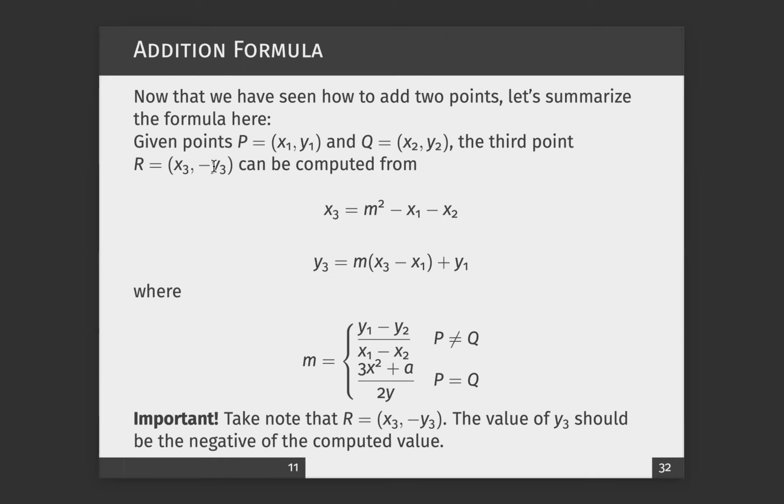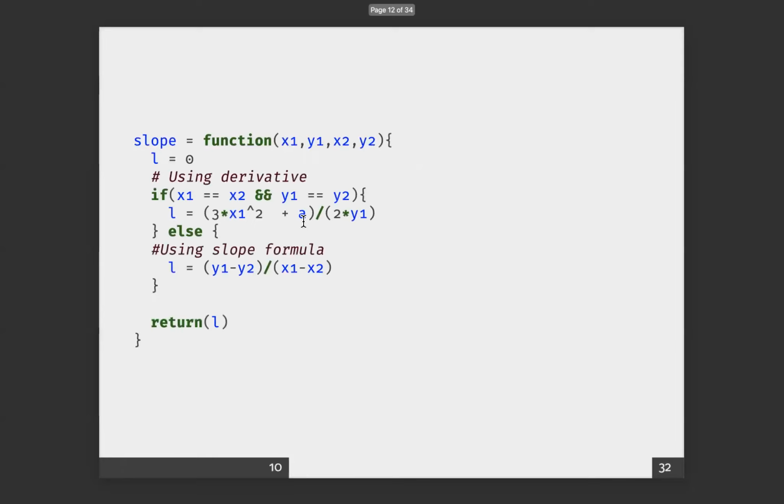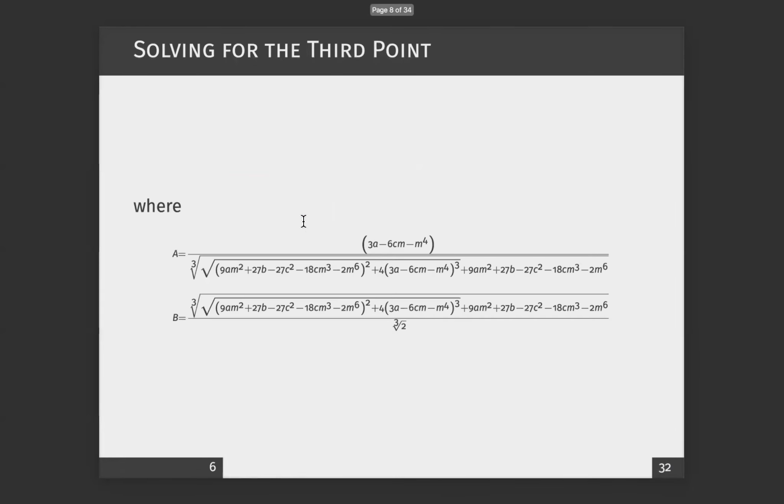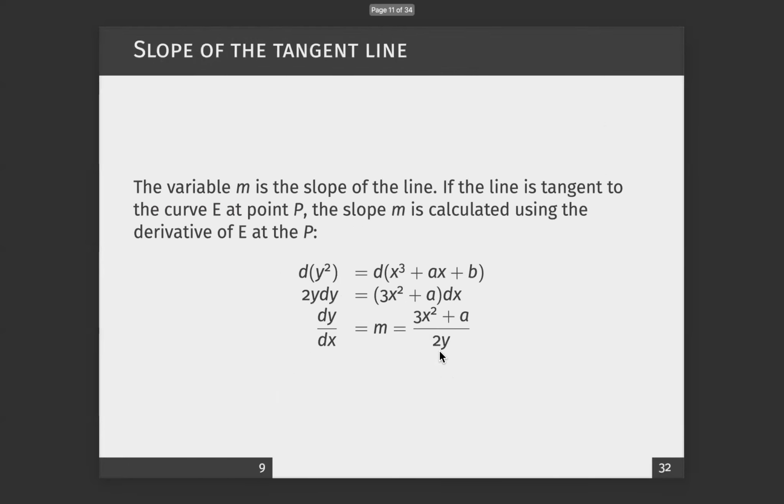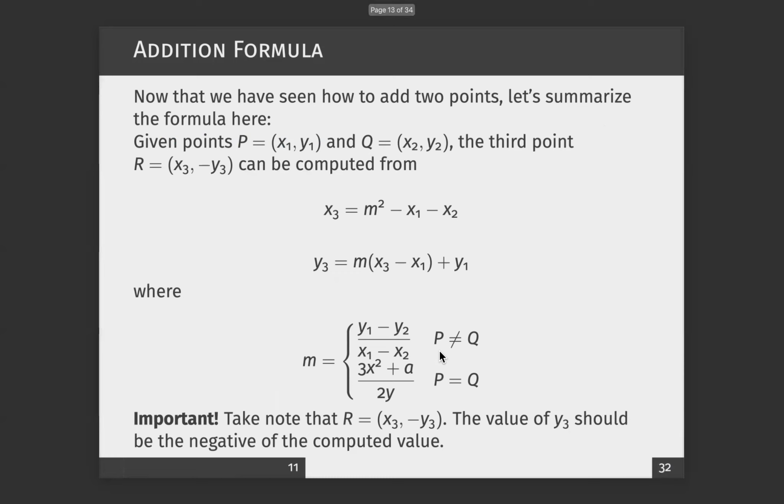If you remember, we had a drawing earlier. Let's go back to the drawing. If you add P and Q, then you get this, so minus R. That's why we have a negative, that's why you have negative y3.